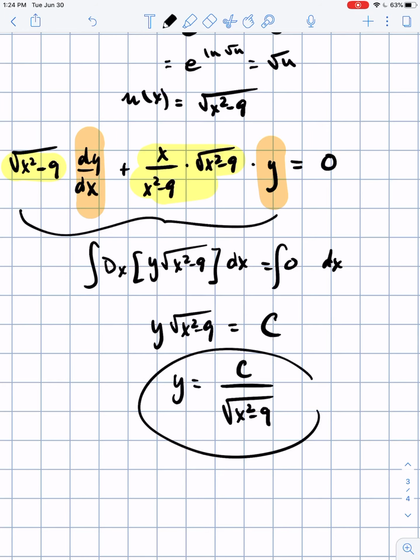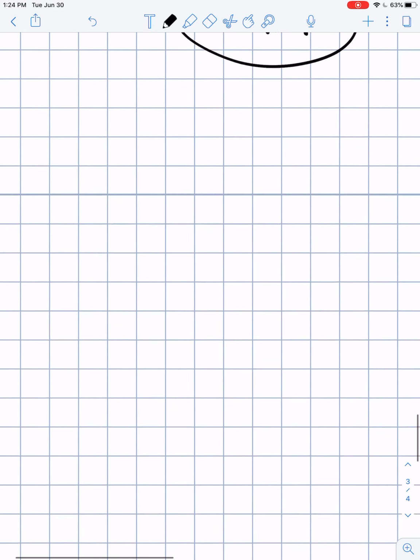Okay, and then let's just do one initial value problem. So here I'm going to have that equation that I said we would go over in the beginning, and my initial value is going to be y of 0 is 4.